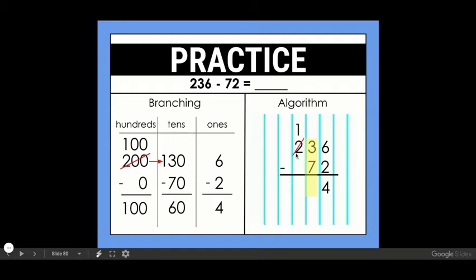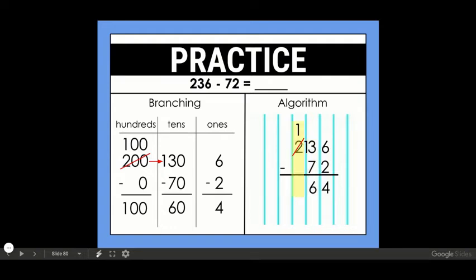So instead of having 2 hundreds, we're going to only have 100, just like we did over here. And we're going to take that extra 100 and move it into our tens. We did it with branching, and we're going to do the same thing with the algorithm. So I like to squeeze it right next to the 3 in the tens place. So then I have 13 minus 7, which we know is really 13 tens minus 7 tens. And we know that 13 minus 7 is equal to 6.